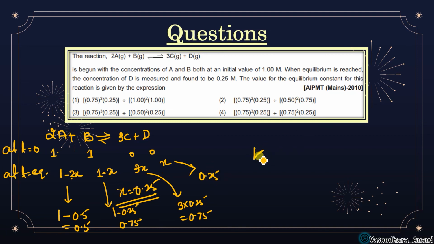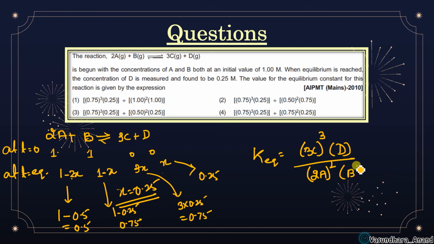Okay, so equilibrium constant के equilibrium के लिए क्या होगा? 3C concentration कितना है? 0.75. Let me write it completely, and then you can do it in the short way also. Okay, so this is 2A concentration power square. जो भी stoichiometric coefficient होगा, that will be converted into power.